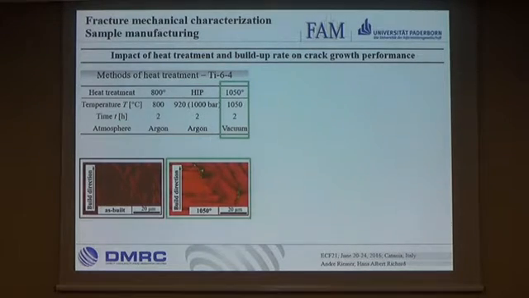The last heat treatment was the treatment at higher temperatures. Here modifications in the microstructure are possible, and we change the microstructure from the martensitic structure in the built condition to a coarse grain microstructure after this treatment.